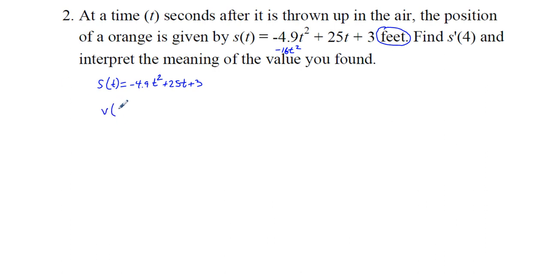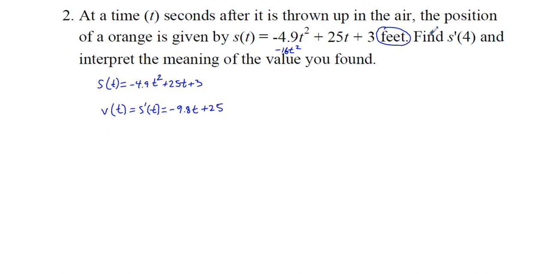V of t, or the velocity, is equal to S prime of t, and I've given a hint of what this is. So we have negative 4.9 times 2, so it'll be negative 9.8 t, and the derivative of 25t is going to be plus 25.